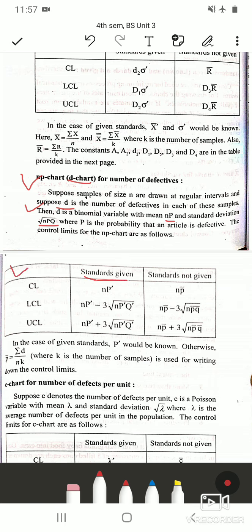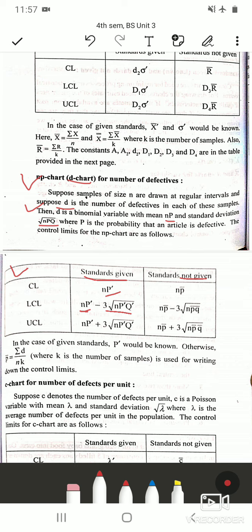Again you have the control limits when standards are given and when standards are not given. The central limit will be n into p dash, where this p dash will be given. If you know p dash, then you can calculate q dash, which is 1 minus p dash. Now n will also be known, either 4 or 5. So the lower control limit will be n p dash minus 3 into root of n p dash q dash. This is nothing but your standard deviation.